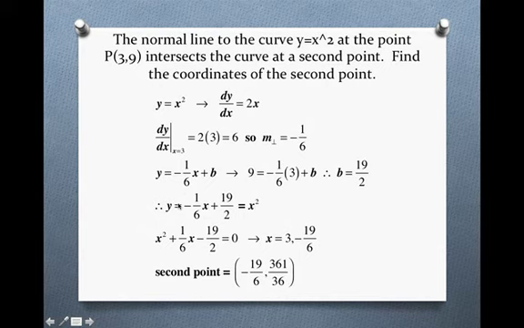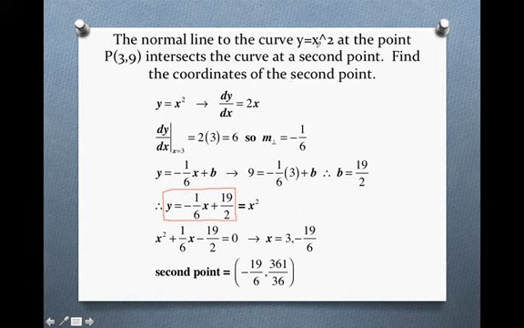Now, if you recall, when you solve simultaneous equations, what you're doing is trying to find all the points where those two curves intersect. And so here we have the equation of the normal line, and what we need to do is set this equal to the original curve.